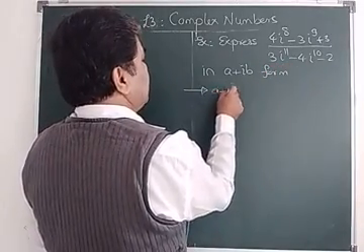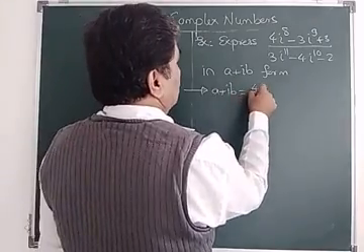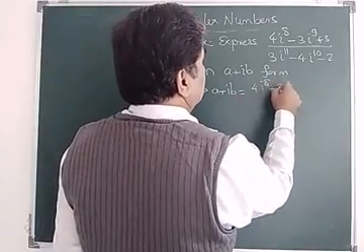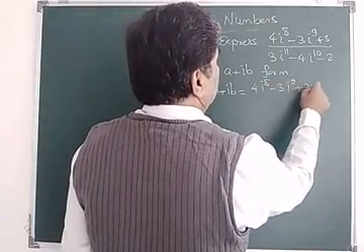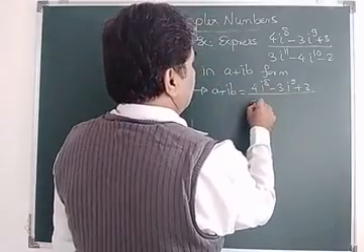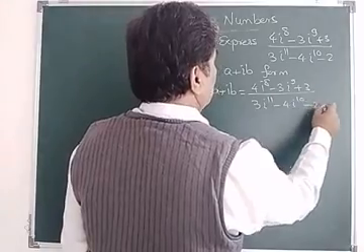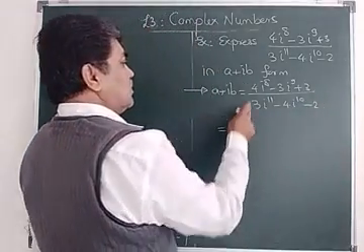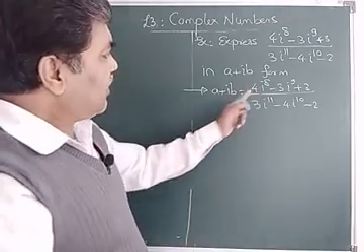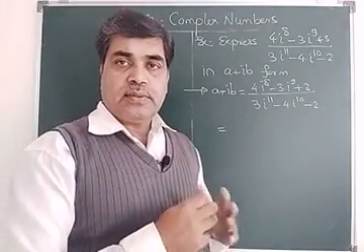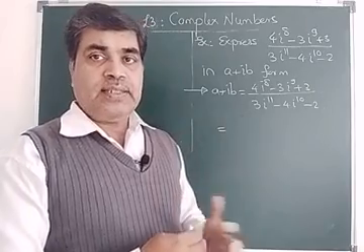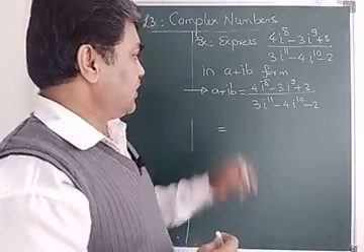Solution: a plus ib is equal to 4i raised to 8 minus 3 times i raised to 9 plus 3 upon 3i raised to 11 minus 4i raised to 10 minus 2. So firstly, if the power of i is greater than 4, then divide that power by 4 first.